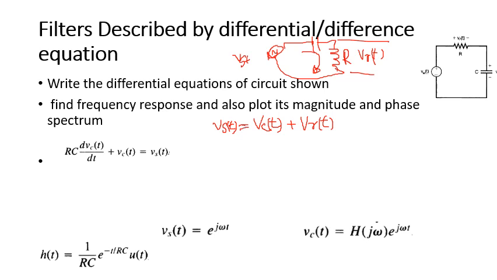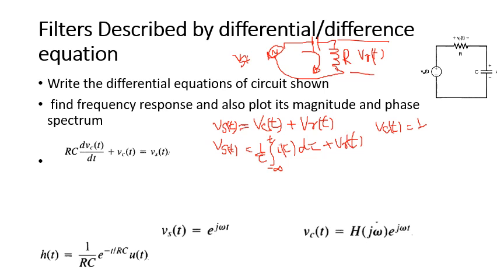VCT is basically equal to, in case of a capacitor, 1 by C, integration from minus infinity up to t of I of tau d tau, plus VRT.